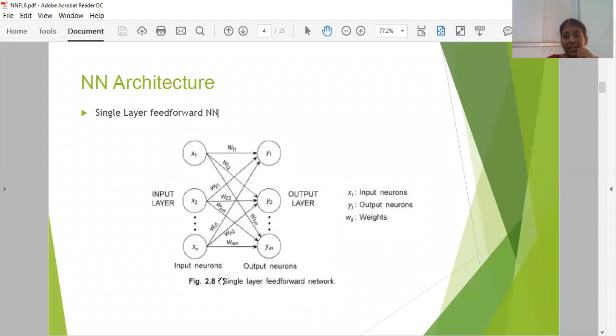There may be n number of input neurons and m number of output neurons. Xi is indicating your input neurons, Yj is indicating your output neurons, whereas W11 is indicating weights, which is a replica of the synaptic process in your biological neuron.